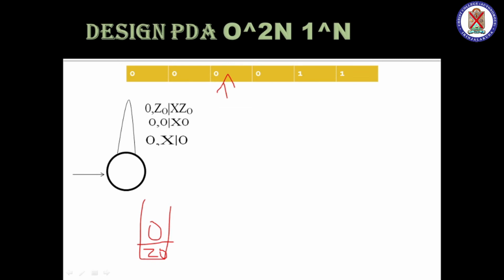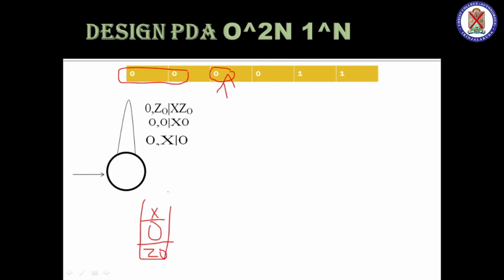Next the tape element is 0. If 0 is coming and the stack top is 0, I will insert 0 again and mark it as X, because for this 0 here we have seen a pair, but here we have not seen two zeros, we are seeing the first of the two zeros.